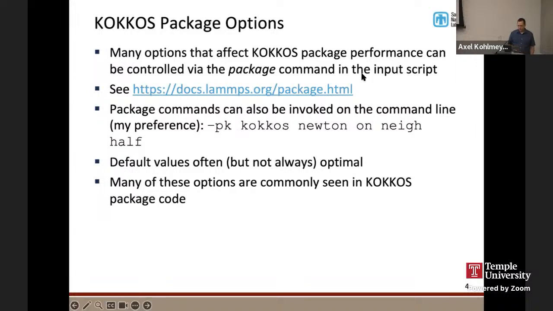The documentation is here. For example, we can set the Newton flag on and a half neighbor list. Often the default values are good, but not always, so sometimes it's faster to change the defaults. I want to go through a few of these just because they're commonly seen inside the code, and it will be helpful for you to understand what they mean.